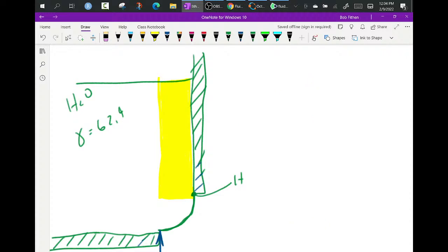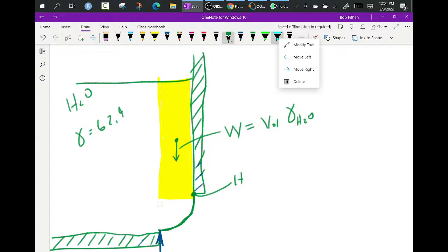But we're going to assume that this is neutrally buoyant. In other words, the weight of this block is equal to the volume of the block times the gamma of water that it sits upon. Anyway, so we have another one. I'm going to try my best.